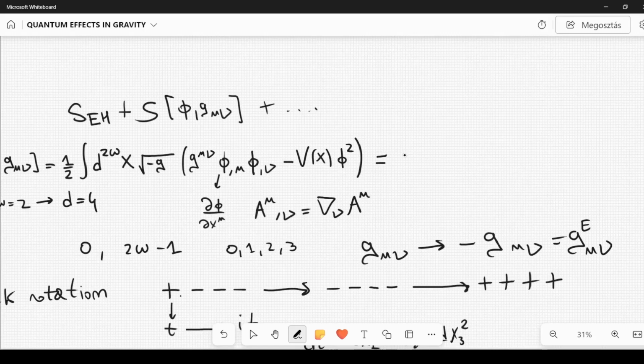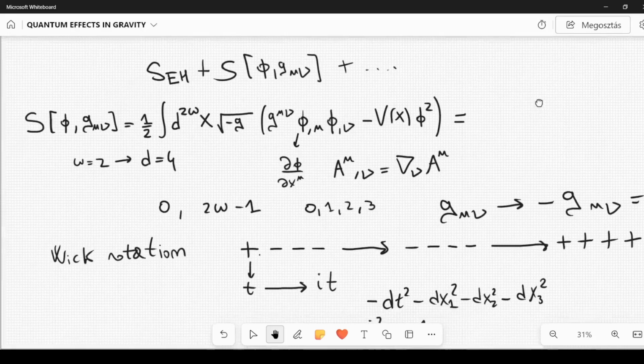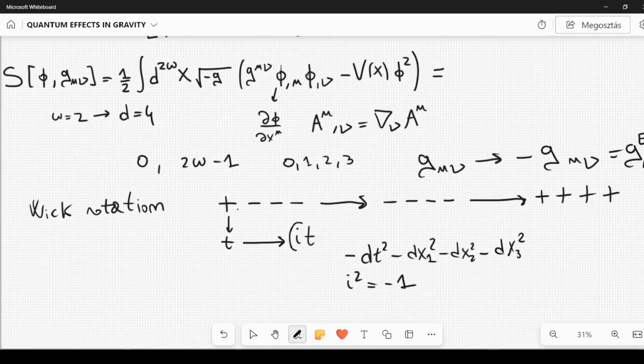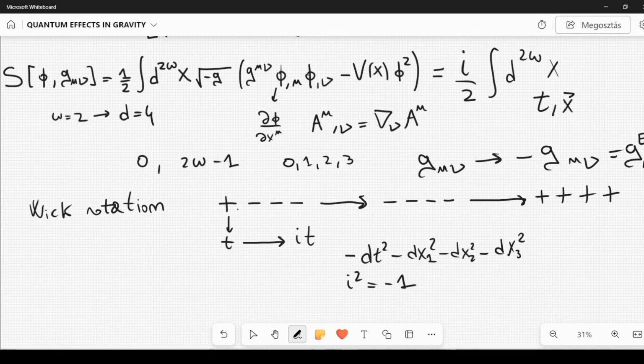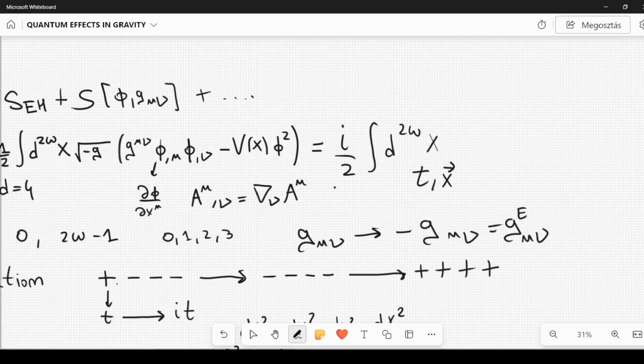In particular, if we factor out the i from it, we get a factor of i over 2, then we have an integral d^{2 omega} x, and in this case the first component of the coordinate x is t, so we have t and then some vector x, some 2 omega minus 1 dimensional vector x, because we have factored out i.